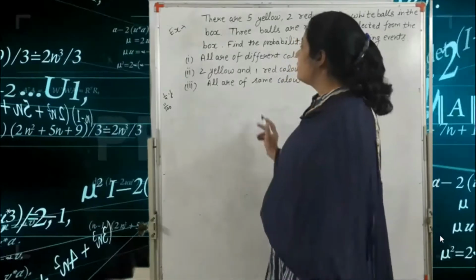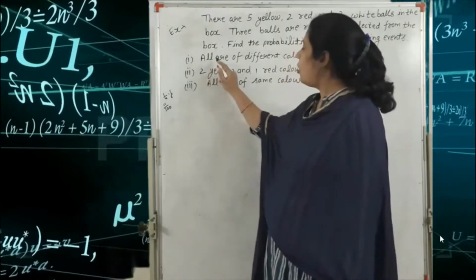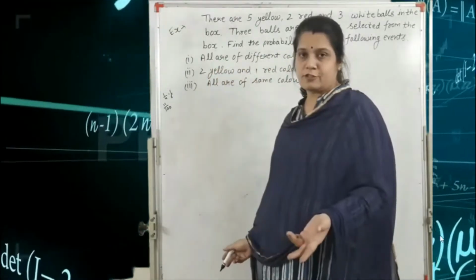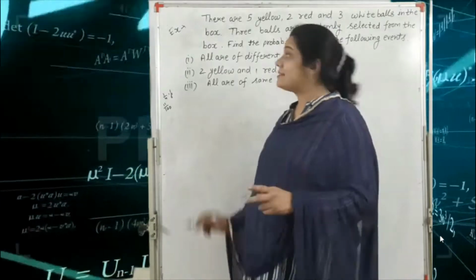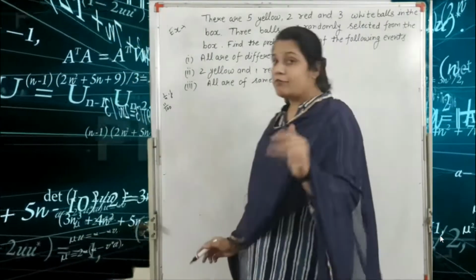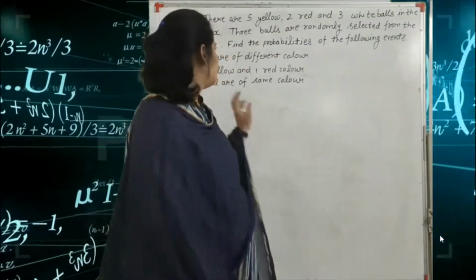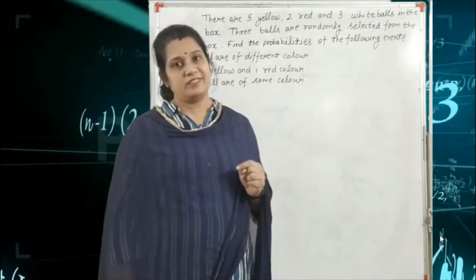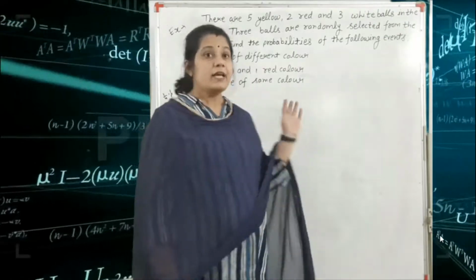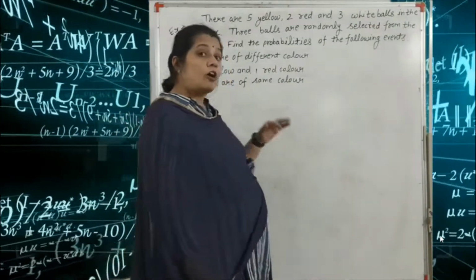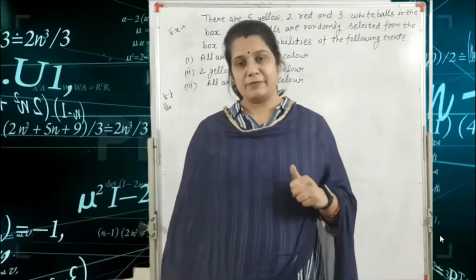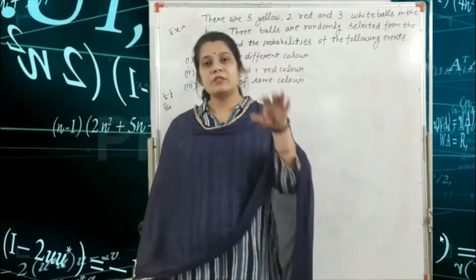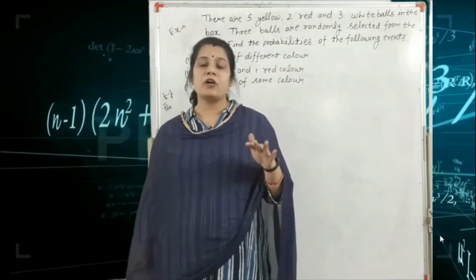So one is yellow, one is red and one is white. Second, 2 yellow and 1 red ball, so total 3 balls. And last one is all are of the same color. That means if we take out 3 balls, all 3 balls are the same color.